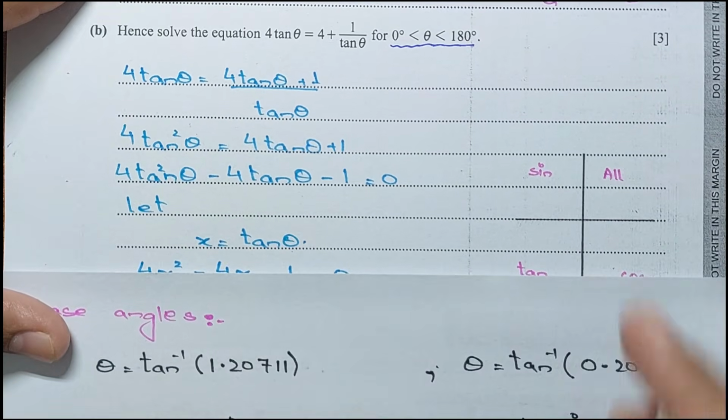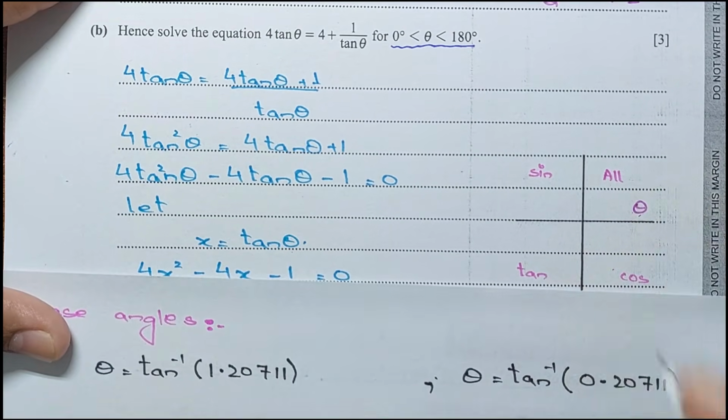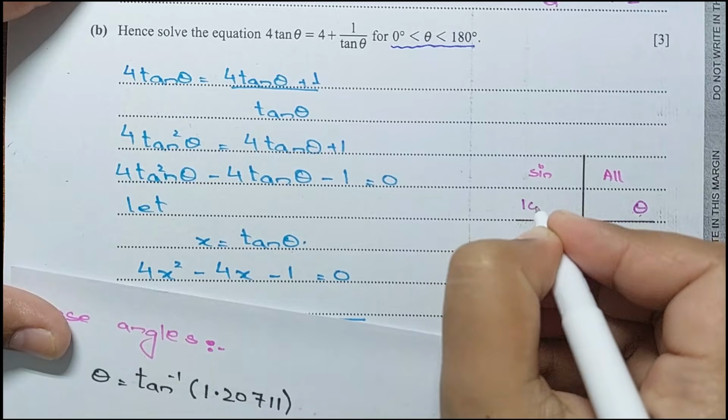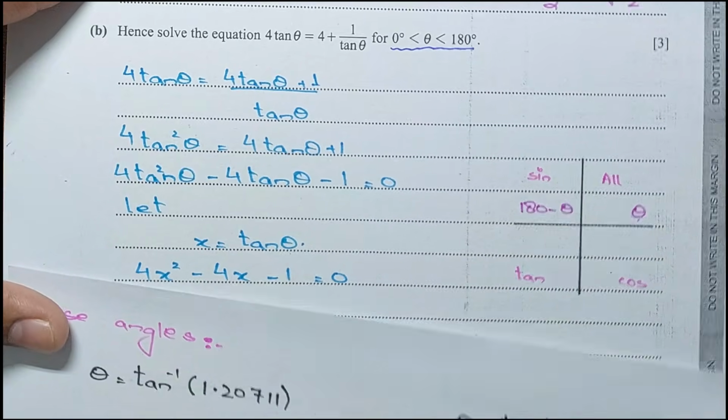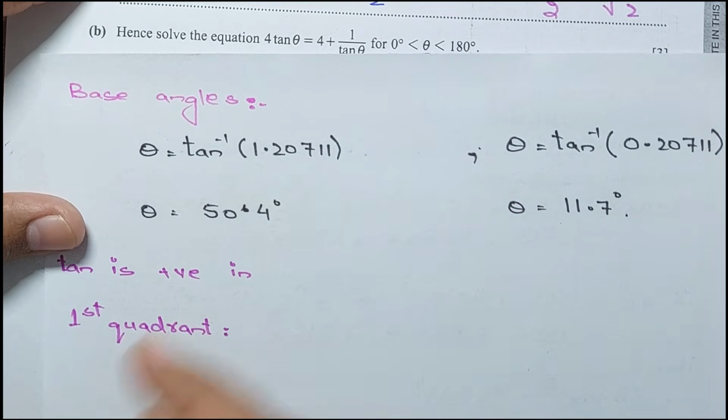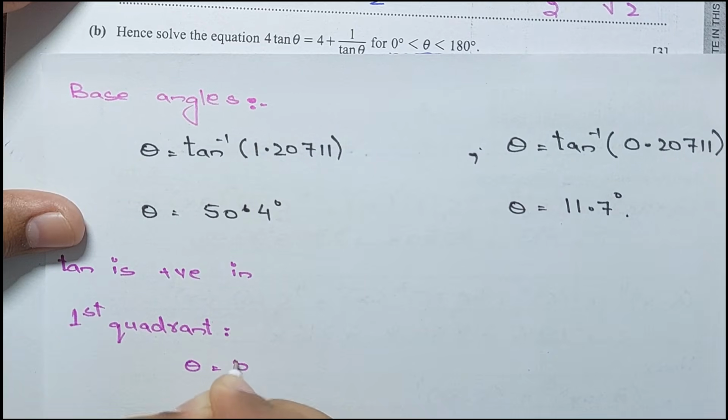For the first quadrant, it is just theta, the base angle, and for the second we do 180 degrees minus the base angle. So the theta would be equal to 50.4 degrees. This is the solution.